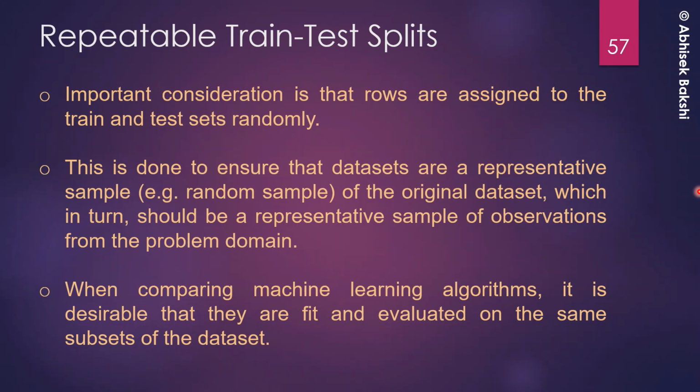Just for example, suppose that you have divided the full data set into train and test data, and you have train data mostly from, say, the south region. The salaried people from the south region. Okay. But in the test data set, most people are from the north region.